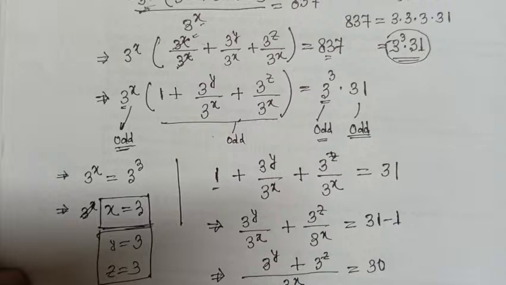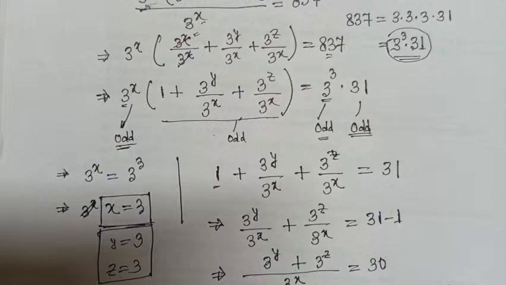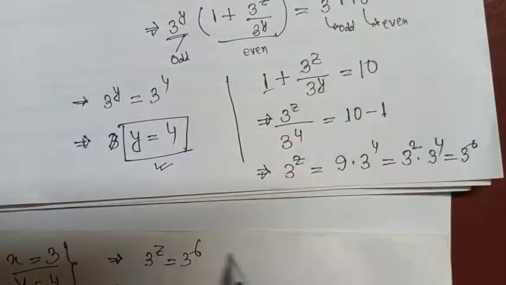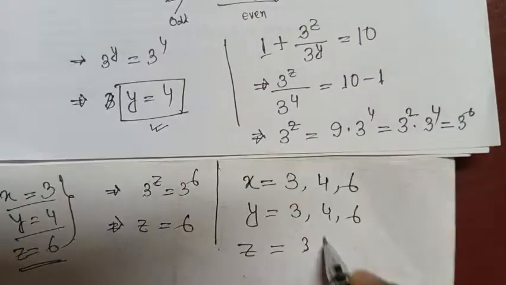In that way, if we substitute that value of 3 to the power z, then we get z is equal to 3. So after that we may get the value of x as 3 or 4 or 6, then y may be 3 or 4 or 6, or z may be 3 or 4 or 6.